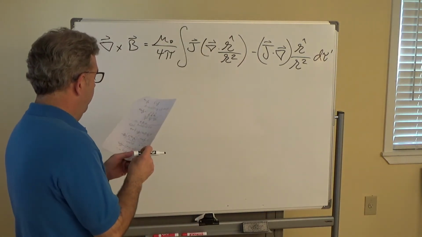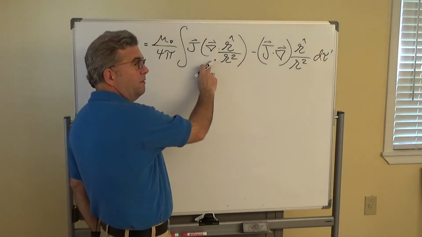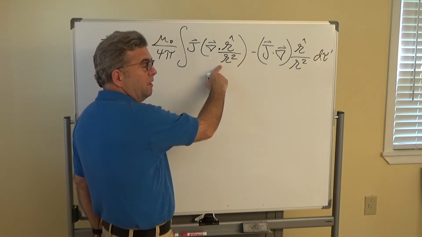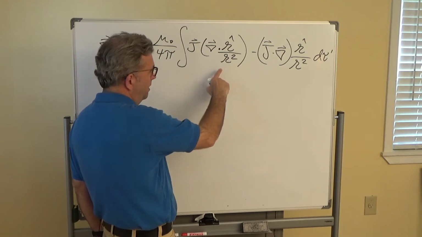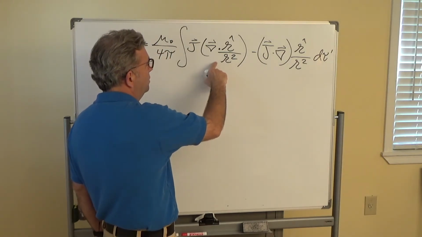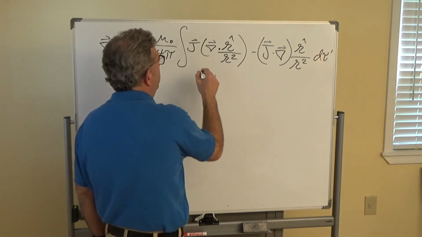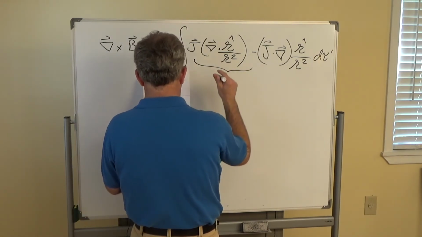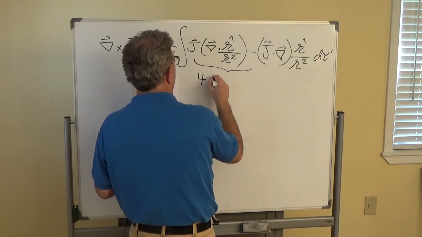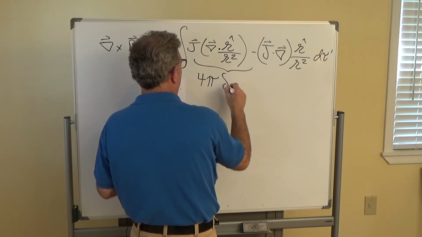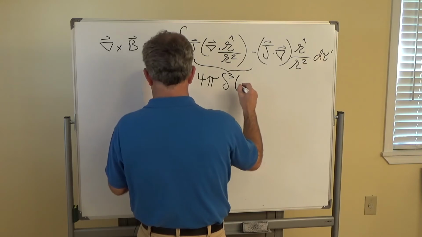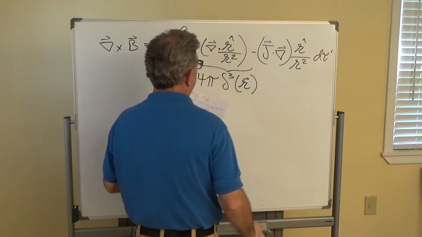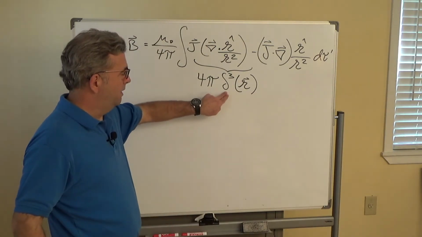Okay? You've seen this before. This is related to the divergence of the electric field for a point charge. This is equal to 4 pi times del cubed of script r. Okay, that's the Dirac delta function.